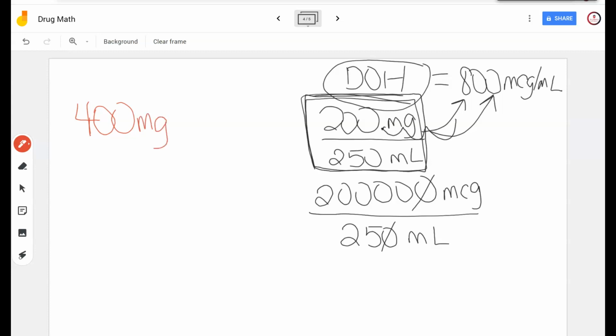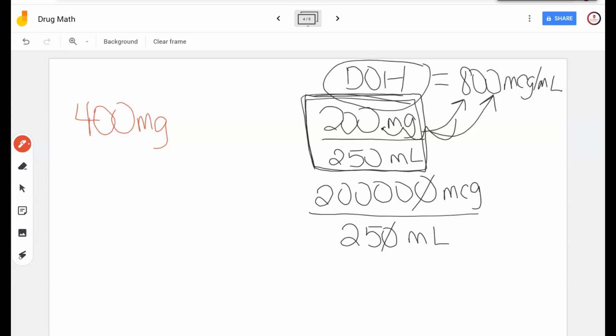Wouldn't that just be 400 mics per milliliter? Hold on. It depends on what you're mixing it in. It's going to be more concentrated, but it depends on what you're mixing it in.